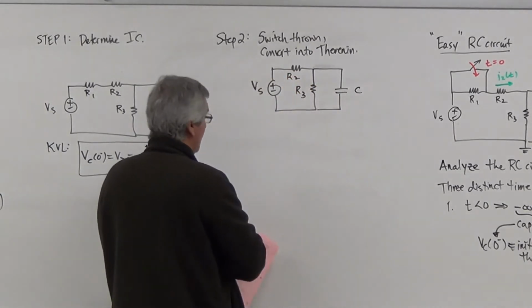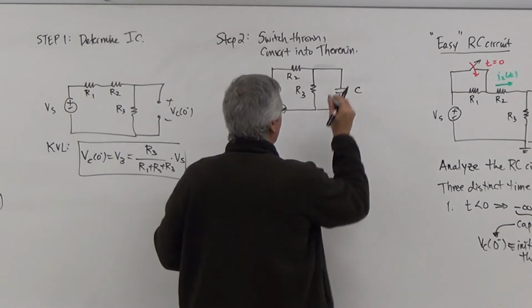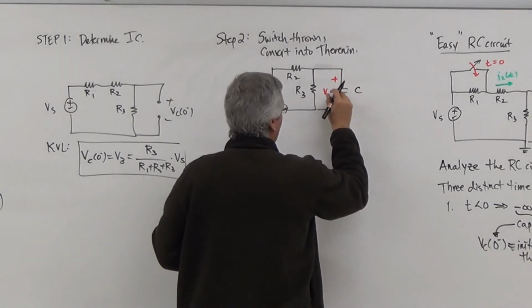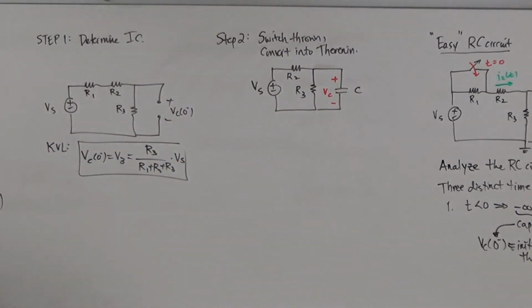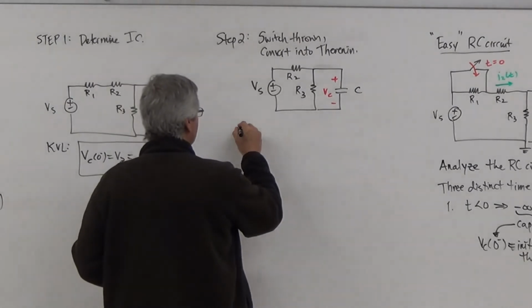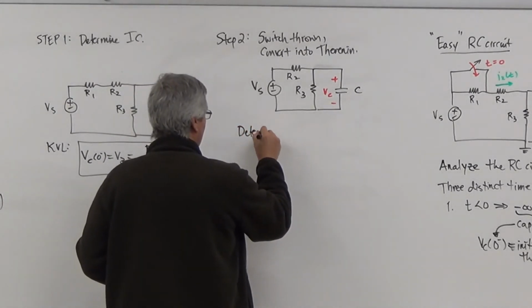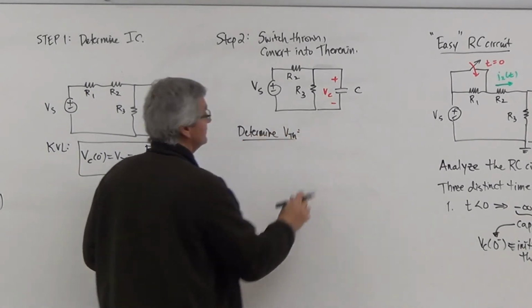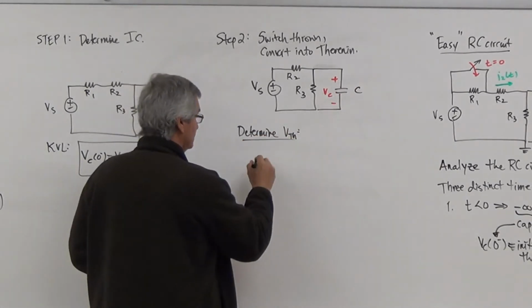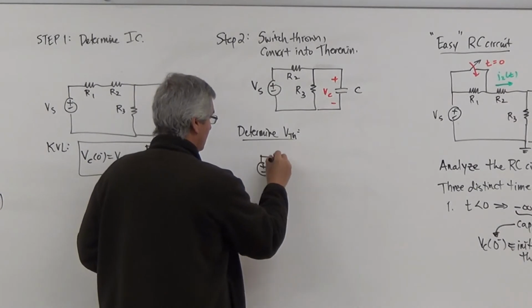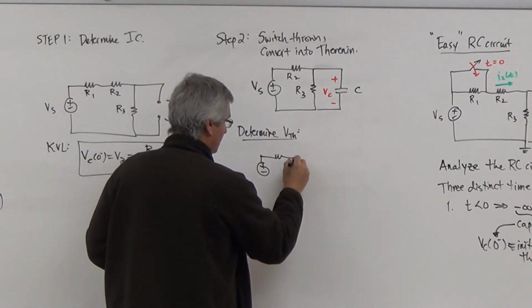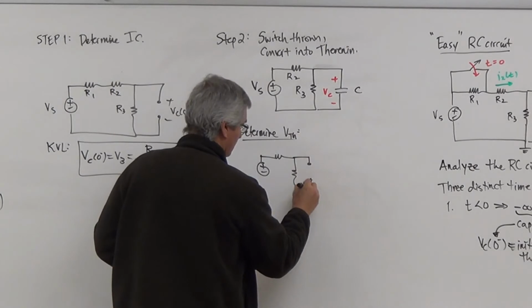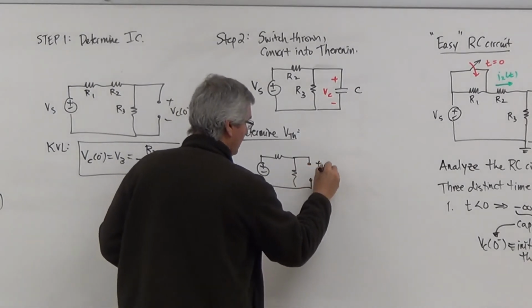Okay, and I'm after this guy right here now. So what am I going to do? I'm going to remove the load. Okay, so I'm going to determine VTH. If I determine VTH, I'm going to remove the load. So what I see here, I want this guy right here.